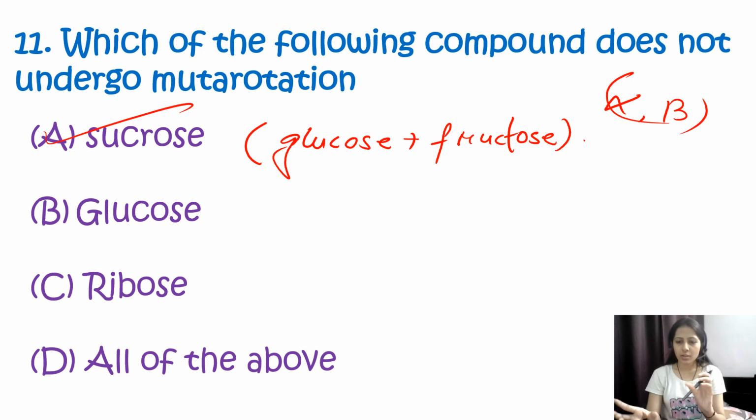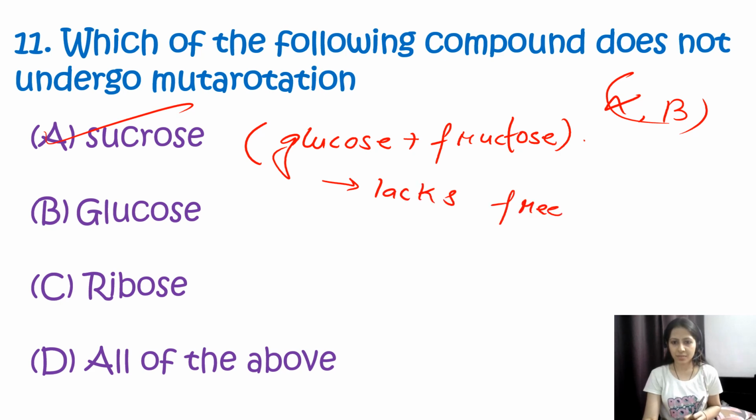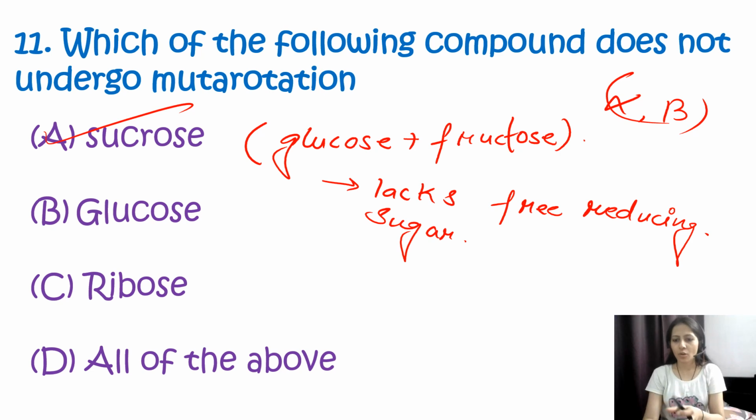Sucrose lacks a free reducing sugar, that is a hemiacetal, or we can say hemiketal also in other cases. So that is the reason it does not undergo the mutarotation process. So over here, my correct option should be A, that is sucrose.